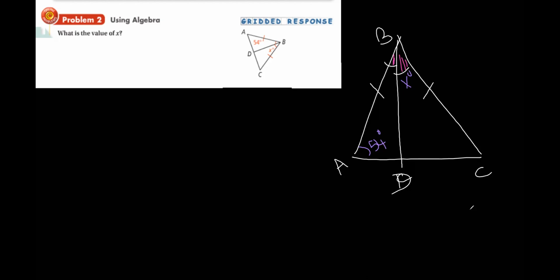Teacher, we can use the isosceles theorem. The first thing, by using the isosceles theorem, because AB is congruent with CB, the line segment AB is congruent with CB.